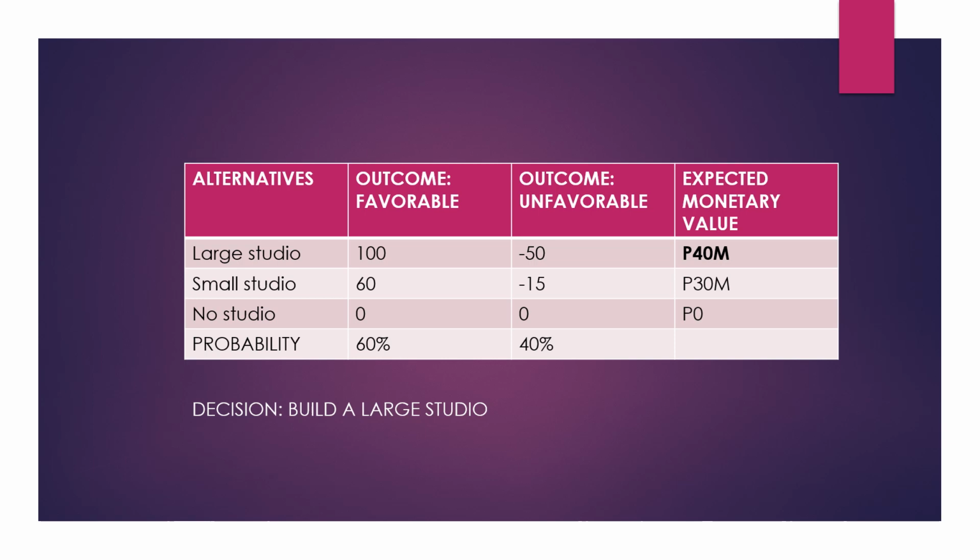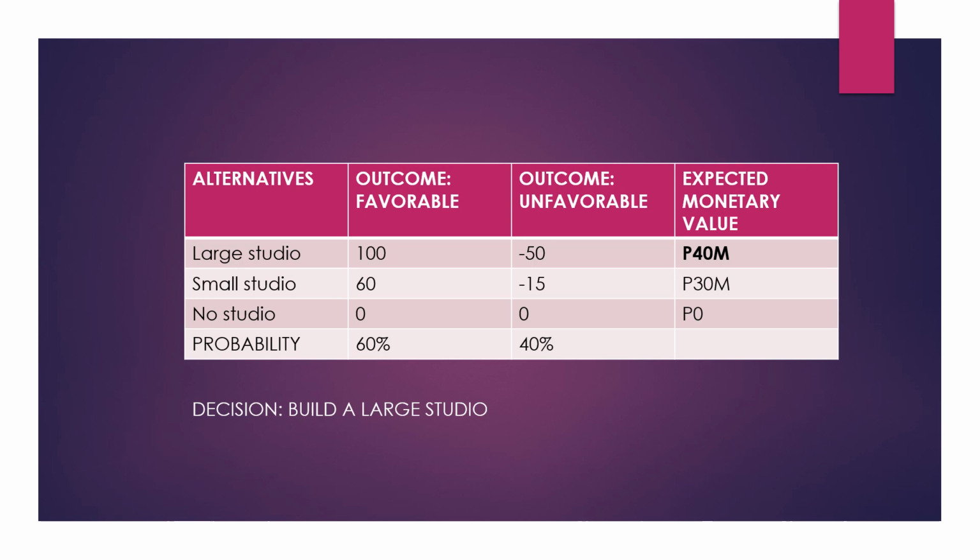However, it is not the case for the second environment, the environment of risk. As I discussed a while ago, under risk, there is a probability of occurrence of each of the possible outcomes.